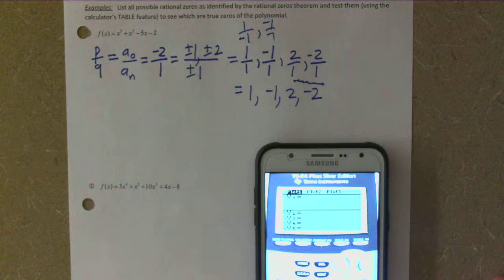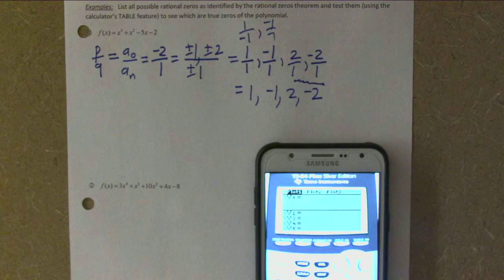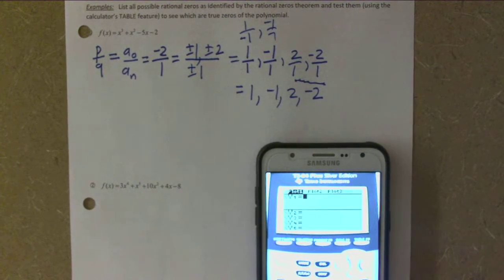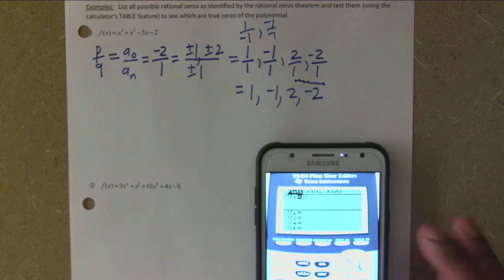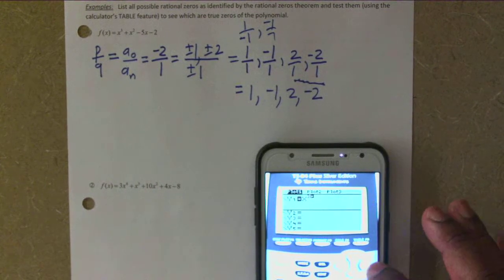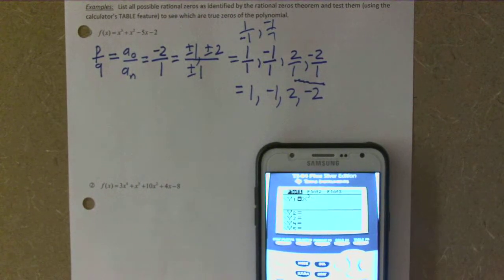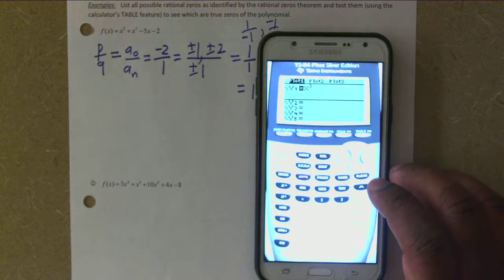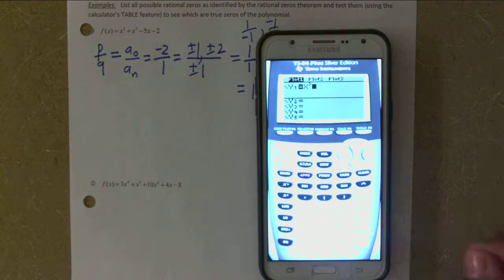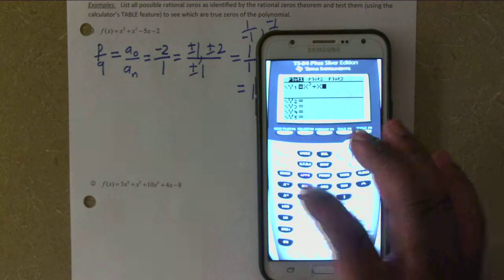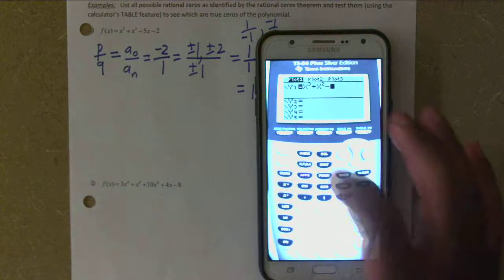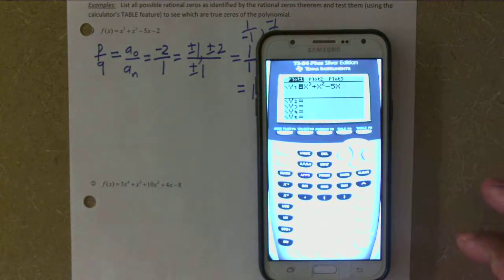equation that we were just working on. So we would type in x to the third power, then you have to hit the right arrow key for it to come down, and then we would do plus x squared minus 5x minus 2.